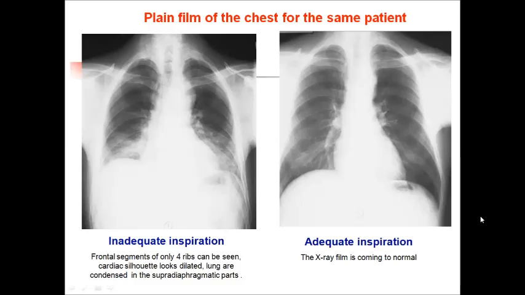In case of inadequate inspiration, frontal segments of only 4 ribs can be seen, the cardiac silhouette looks dilated, and the lungs look condensed in the supradiaphragmatic parts. All these changes disappear after adequate inspiration, and the X-ray film comes back to normal.